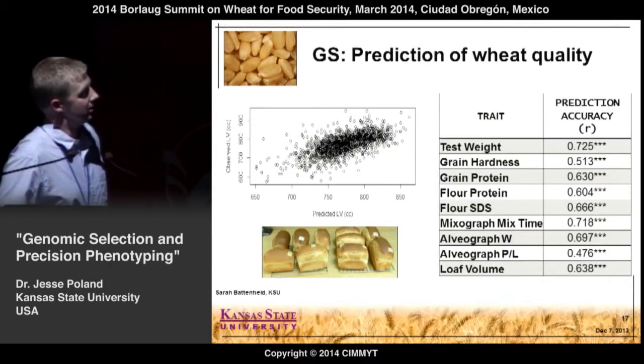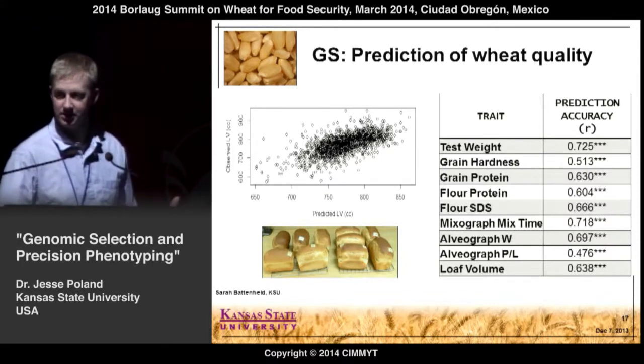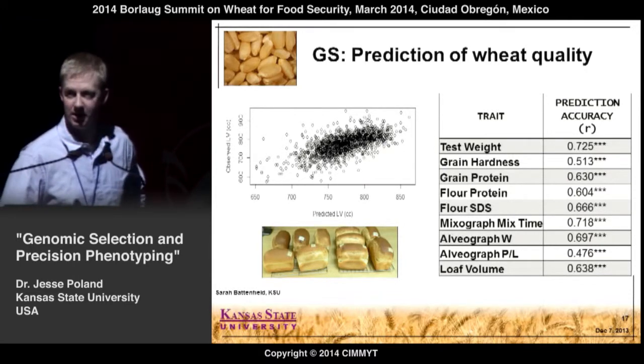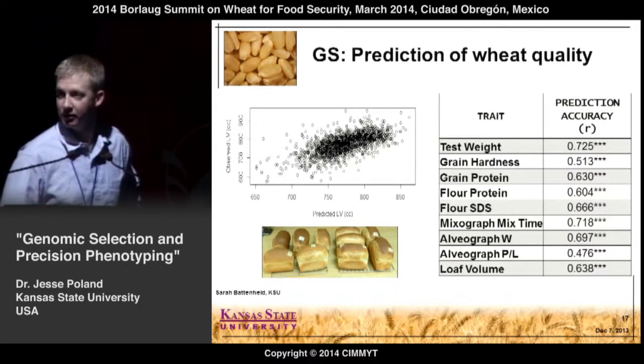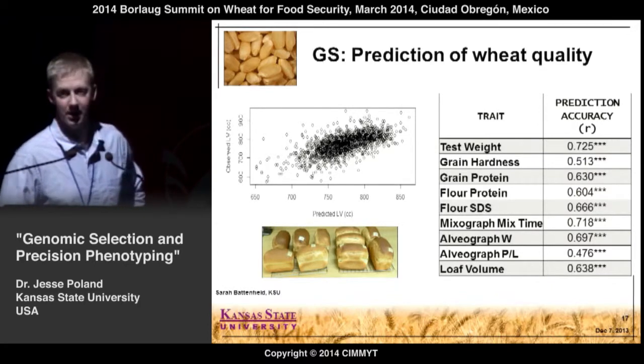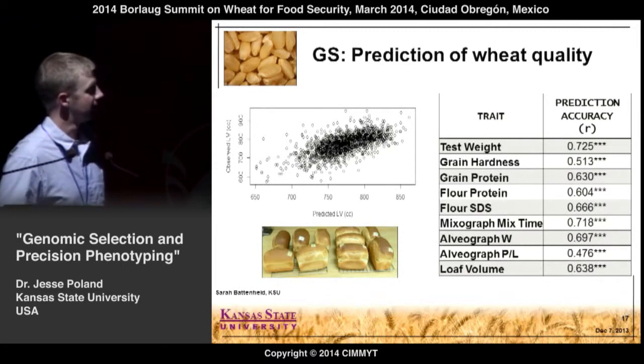What you see from this study is that across this range of traits, there's fairly high accuracy, 0.5 to 0.7. And so this gives us good indication that yes, we can use these whole genome markers and actually get a decent prediction for these complex traits, even something as time-consuming as assessing loaf volume.